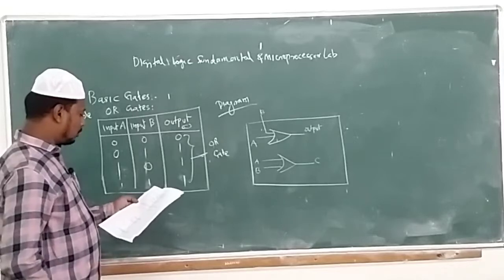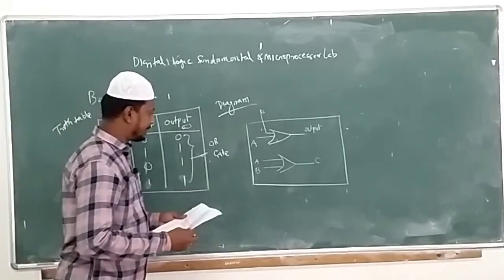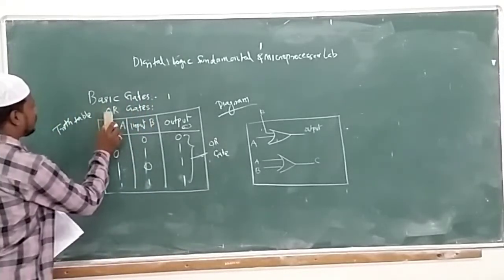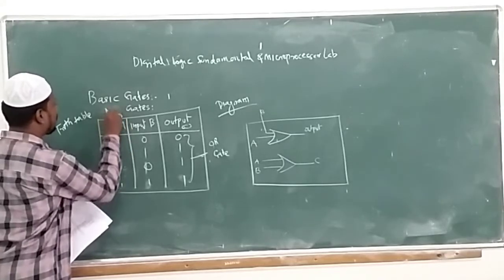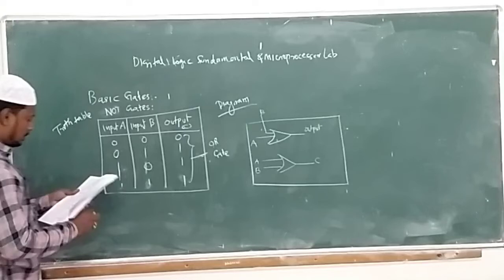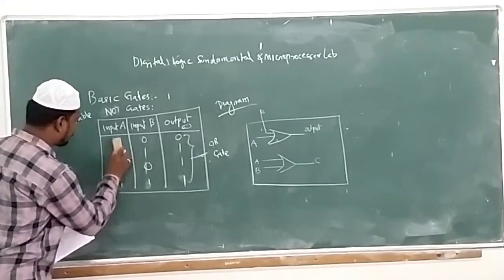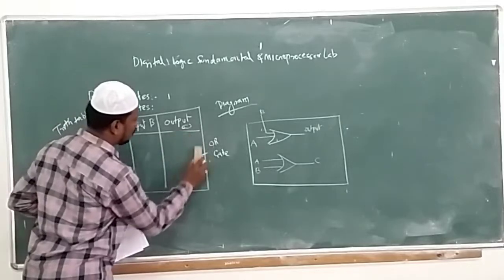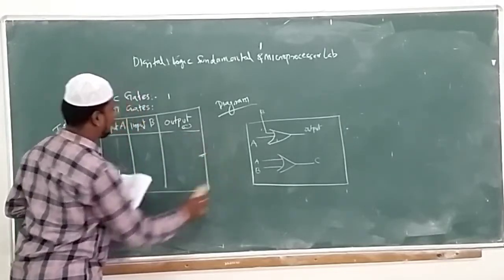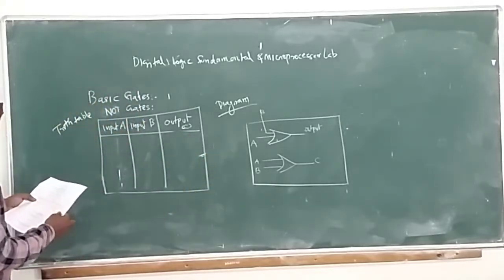Okay. So let's go to the next one, the NOT gate. I will erase this gate. NOT, N-O-T, NOT. Again, I will erase the input value.